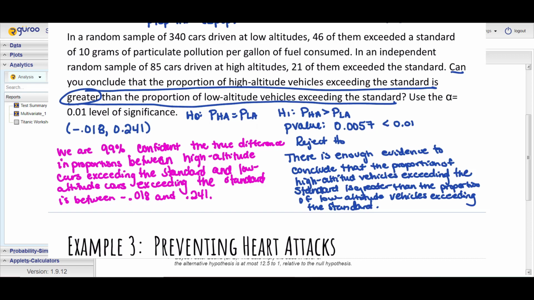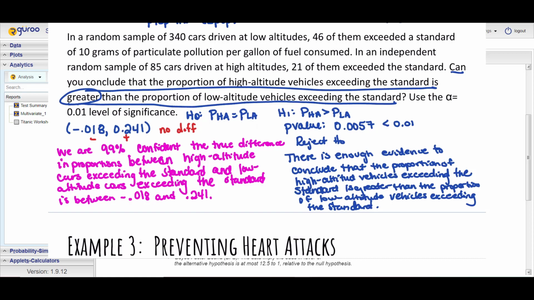We have a negative and a positive, so it implies no difference. And that's actually different than what we found. We found that there was enough evidence to conclude that there was a difference, specifically that the high altitude was greater than the low altitude.